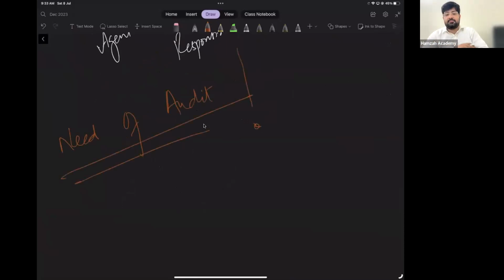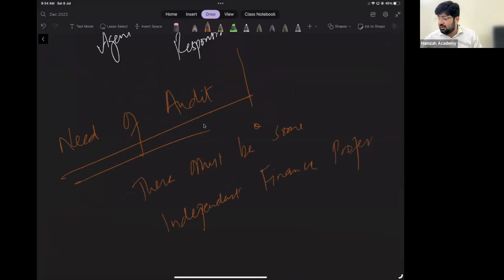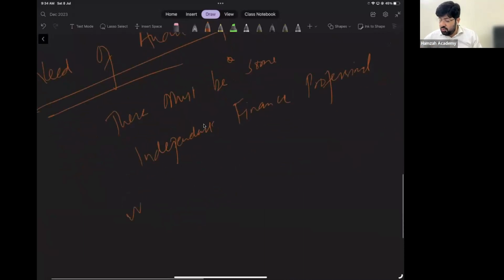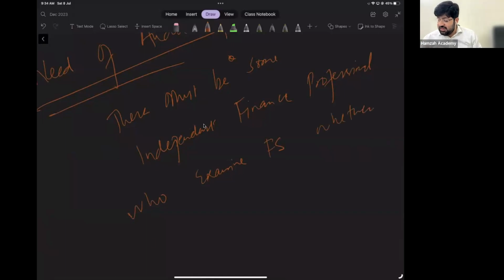Here comes that there must be some independent finance professional who examines financial statements, whether they have been prepared correctly by directors.